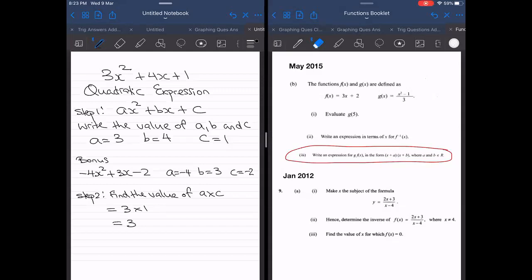So whenever you're factorizing your quadratic expression, step one, write the value of A, B, and C. Step two, find the value of A times C. We're going to then go through step 3.